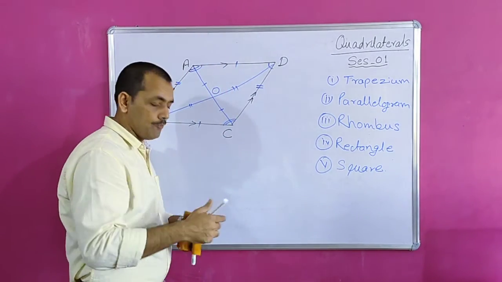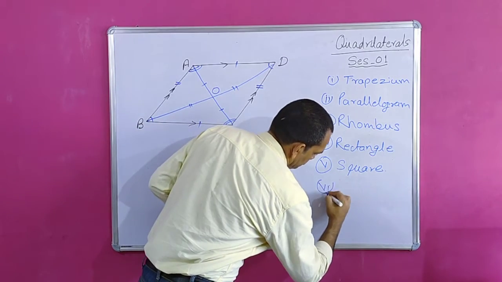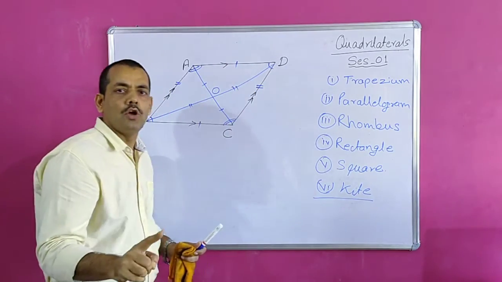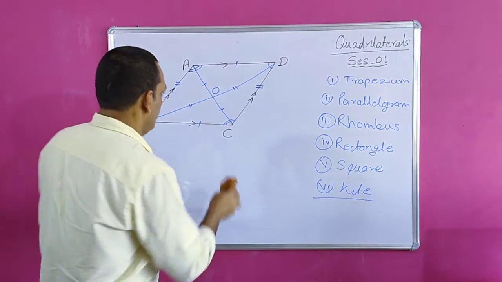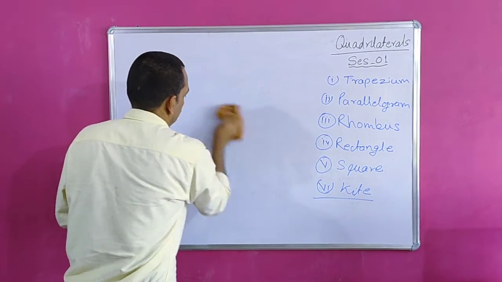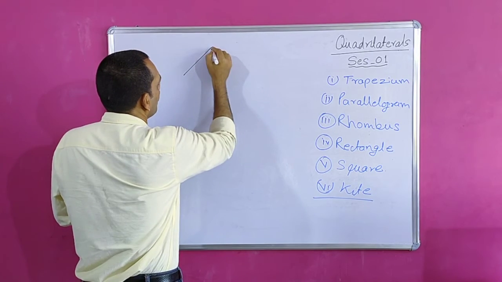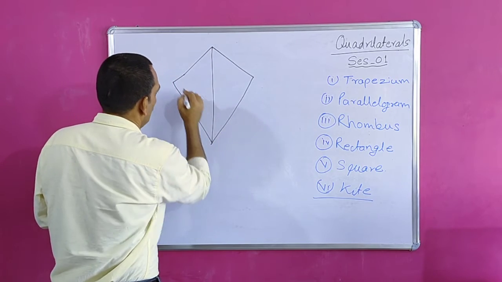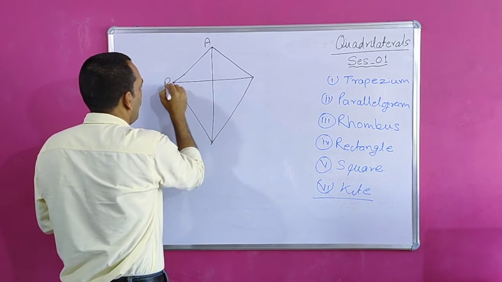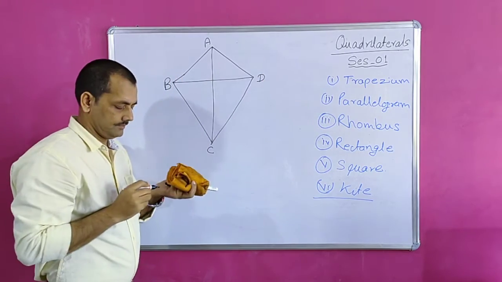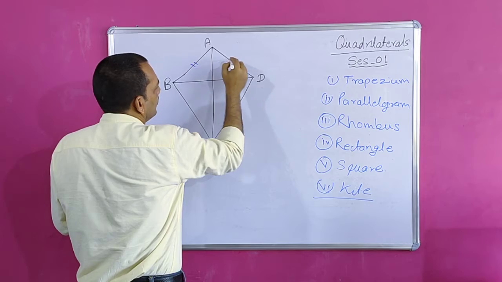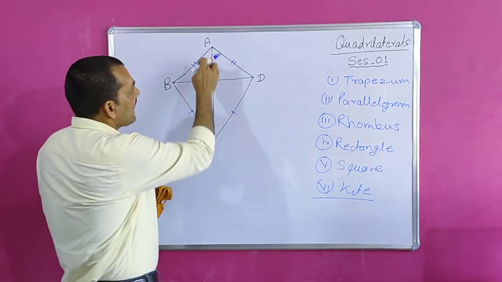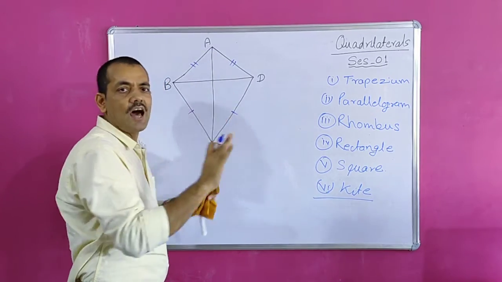After this, we have a next type which is known as a kite. Now, among these 6 types, there is only one type, the kite, where there is no side parallel. For example, if we have a quadrilateral like this, where these two sides are equal and these two sides are equal, means adjacent sides are equal but all sides are not equal.